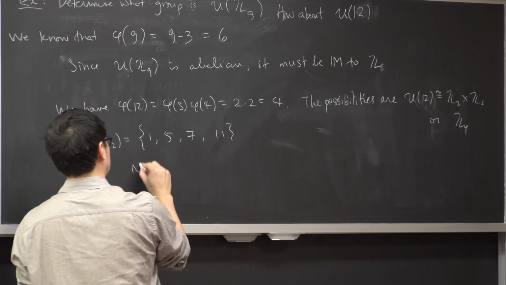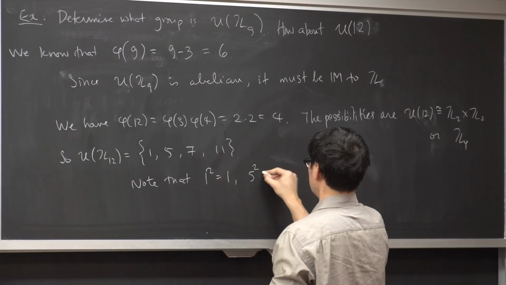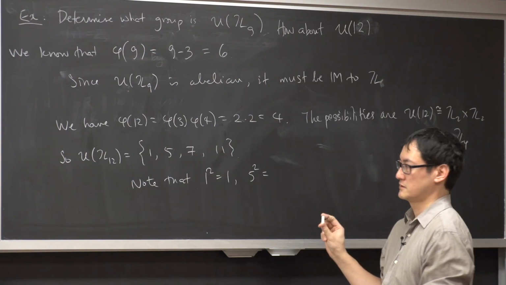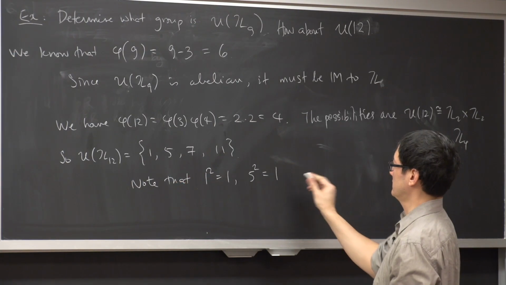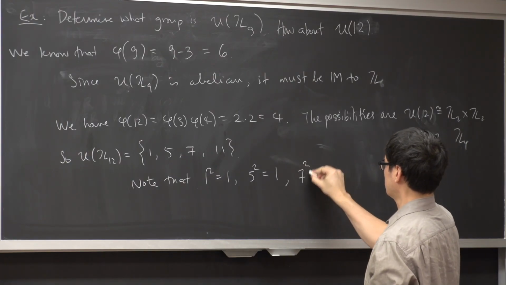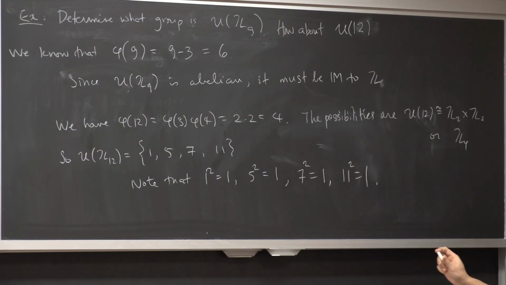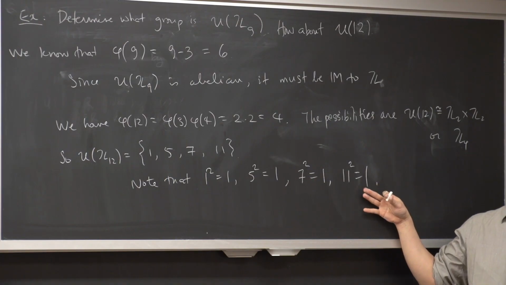So note that 1 squared is 1, 5 squared is 25, which is 1 in Z12, and I know that 7 squared is 1, and 11 squared is 1. So what does this tell you about this group? Every element is an idempotent.